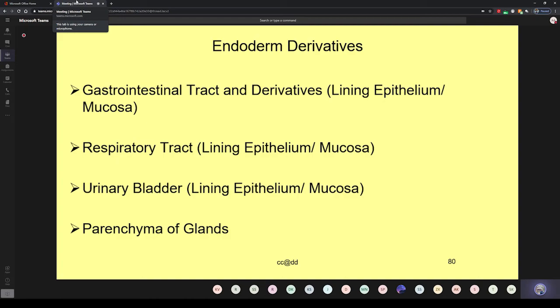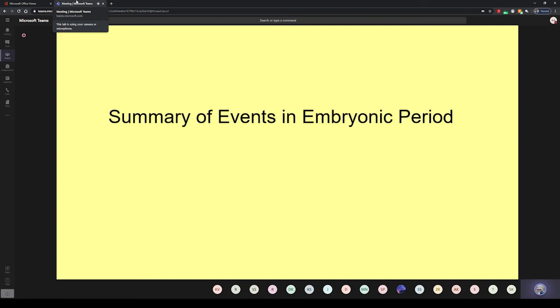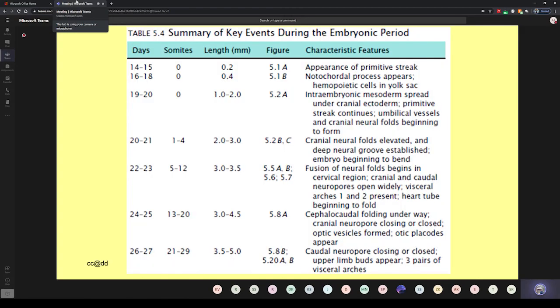So with this, summary of events. These tables are there with you for you to go through. They are not going to be asked as such, but you can correlate these things when you read the future organ developments. It becomes easy.